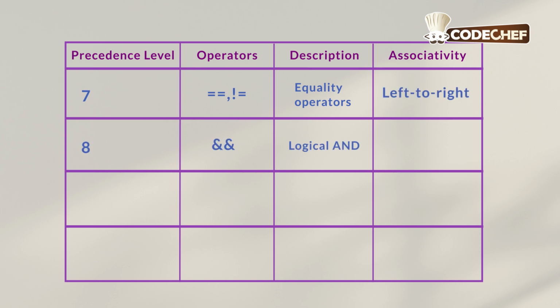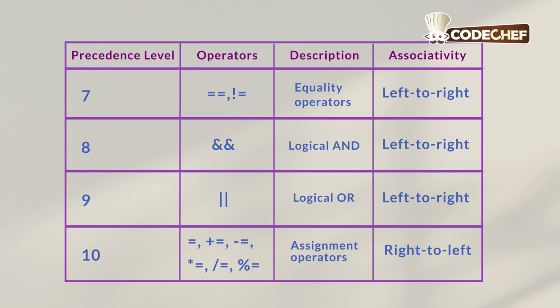Next is the logical AND operator, then the logical OR operator, both left to right. And then at the lowest priority we have assignment operators. Their associativity is right to left. Now let's go to the CodeChef platform to see an example of how operator precedence rules work in C++.